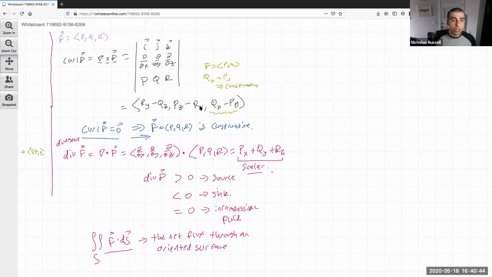So what do you use divergence for? Somebody commented, what do you use divergence for? So divergence, you only really use it for the divergence theorem. At least for our interpretations here, we would only use that.